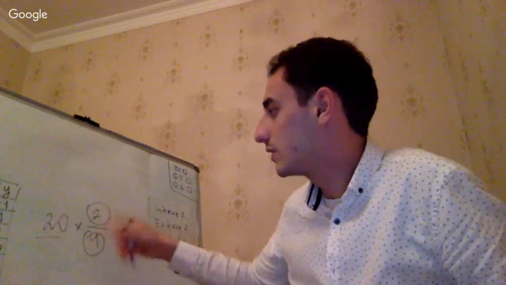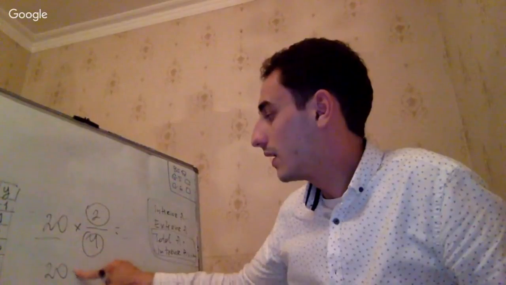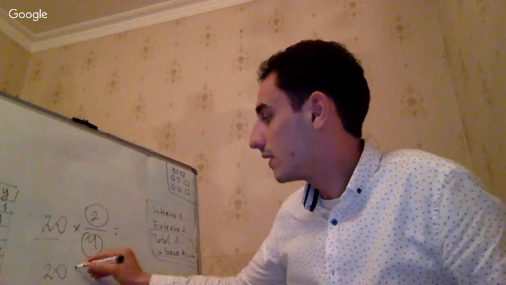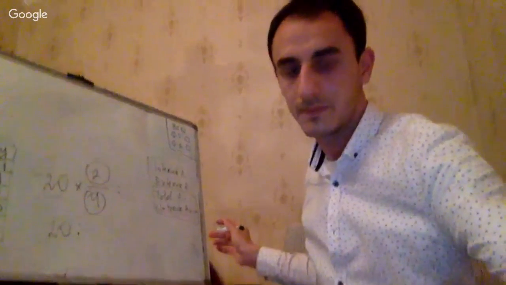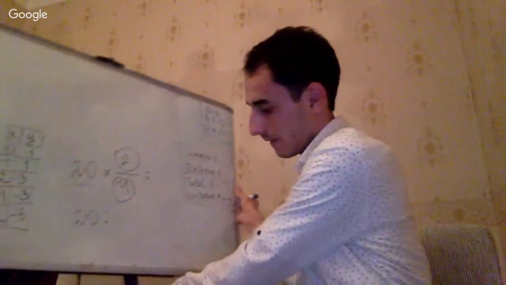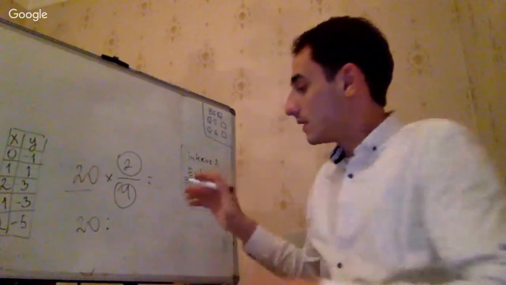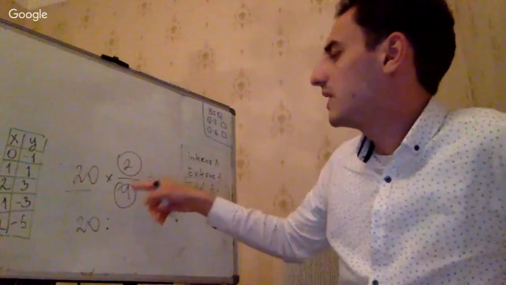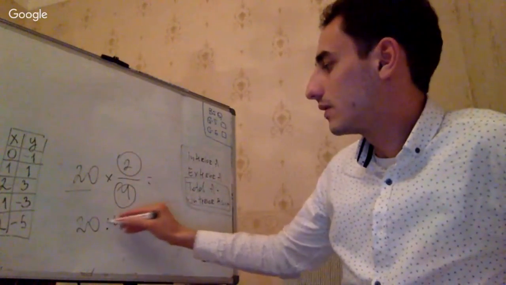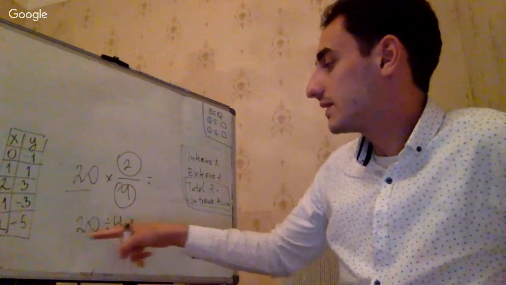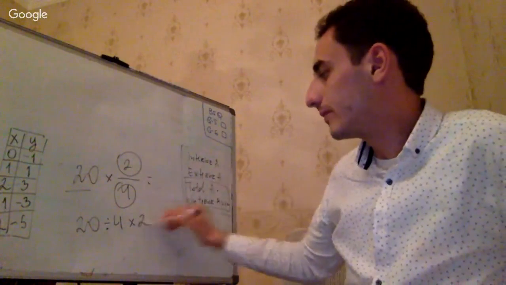And what I said is that for multiplying the number with the fraction, you need to take the number, which is 20 here, divide the number by the denominator, which is 4, and multiply the result by the numerator, which is 2.